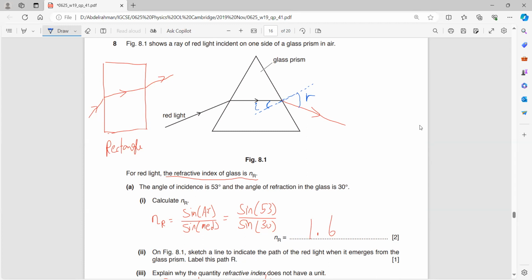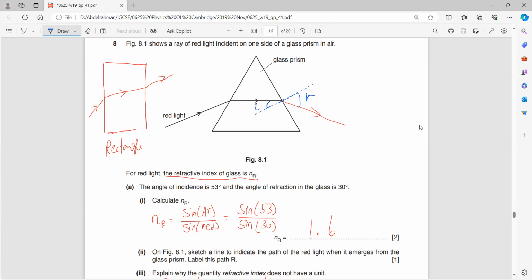Is this line for the red light? No, not the line I'm drawing, I'm just explaining what's happening. This isn't the red light or anything, it's just so we understand why I drew the red light moving downwards a bit: because the angle of refraction is more than the angle of incidence, so it refracts downwards, not upwards. Many people say it goes upwards.